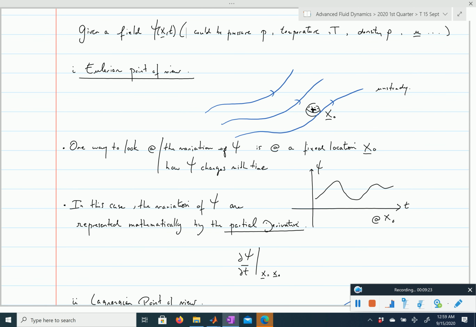Assume you have heated a patch of air here, and now this air is transported. This patch of hot air is going to move slowly along the flow. If you're looking at the Eulerian perspective, then you stick your probe here. Right now the temperature is low and the patch of air is slowly coming.